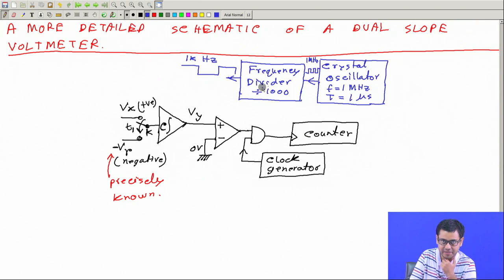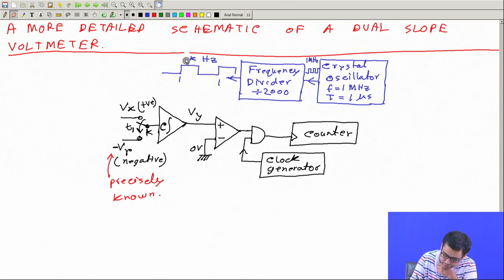Okay, I'm just taking arbitrary numbers as an example. So this is a 1 kilohertz signal. Now if this is a 1 kilohertz signal, which means, say from here to here, this is one time period. How much will this be? 1 kilohertz, so this will be 1 millisecond. Okay. Let me make it divide by 2000.